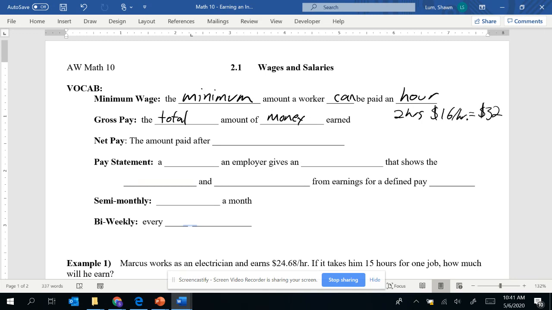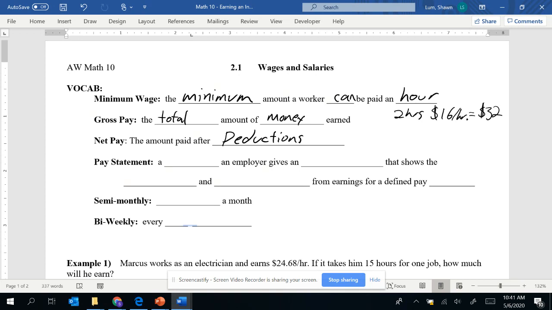Now, net pay, these kind of work together. Net pay is the amount paid after deductions. So if $32 was your gross pay, then for your net pay, you might have to pay a little bit of tax. You might need to pay some employment insurance.